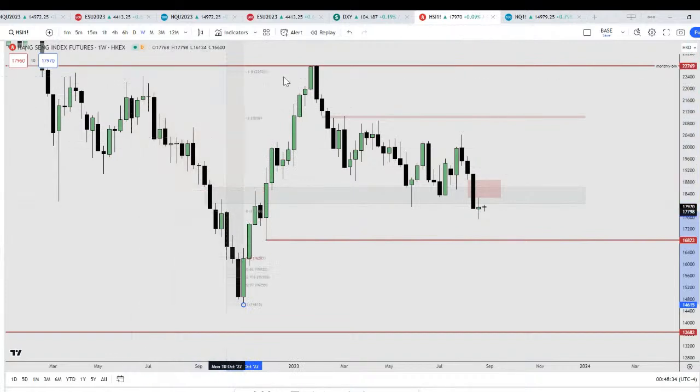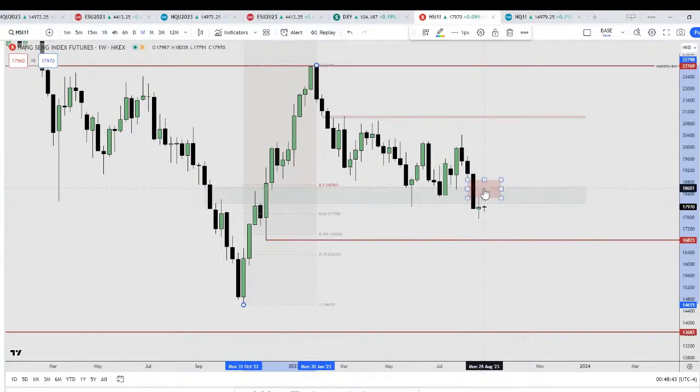So same thing here, that's what I'm expecting here. Price comes up, gives the smart money the entry, and then I want to see it run aggressively towards the sell stops here, and then the sell stops here as well.